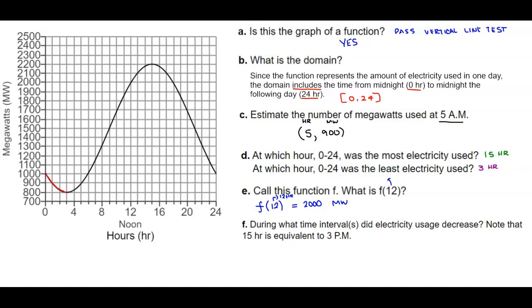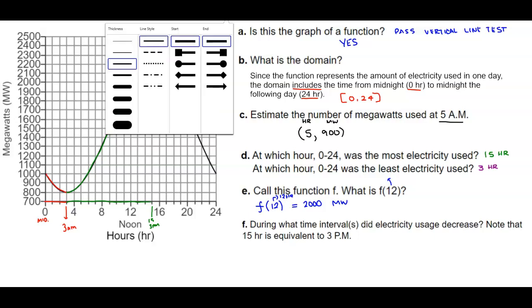So that means on the x-axis it decreased from 0, which is midnight, to here, and this represents 3 a.m. And then from here, it's increasing from 3 a.m. all the way up to, in this case, the 15th hour, which is 3 p.m. So it's increasing from 3 a.m. to 3 p.m. And then it's decreasing again.